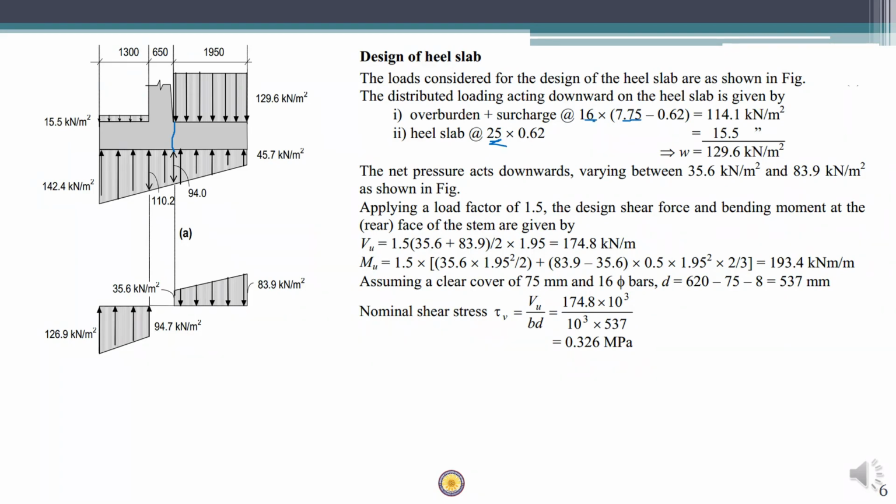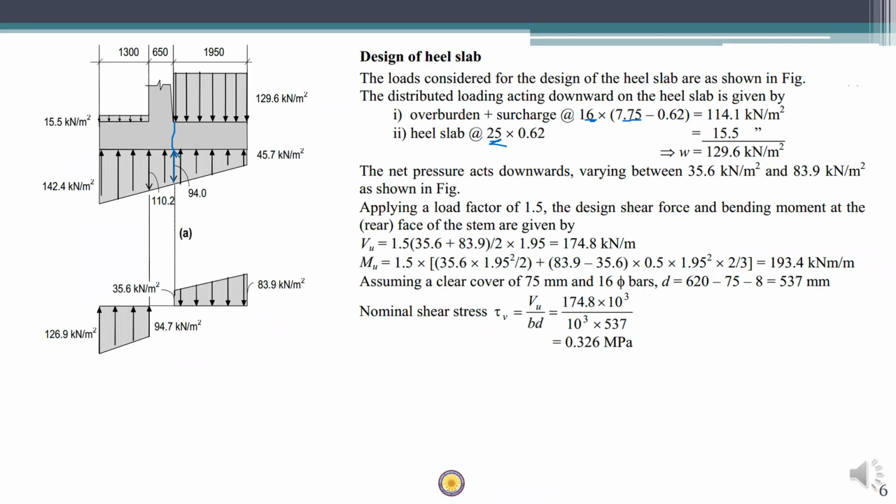So the total downward force acting is 12.9 kN per meter square, uniform from start to end, and there is a net upward soil pressure acting.